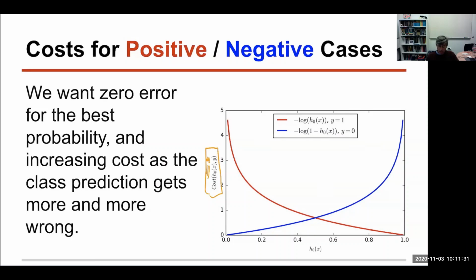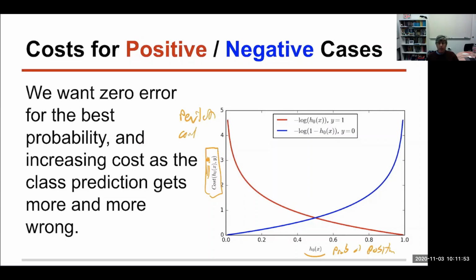If the item was positive, remember we're interpreting this as the probability of being positive, and this is going to be the penalty or the cost for guessing this.